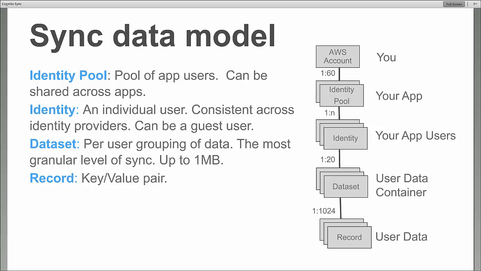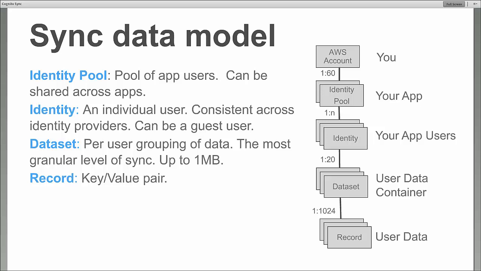Most developers select an identity pool and map it directly to one of their apps, but there's nothing preventing you from using the same identity pool on multiple apps if you want users to share data across your apps. Not surprisingly, inside an identity pool are identities, and an identity maps to an individual user.